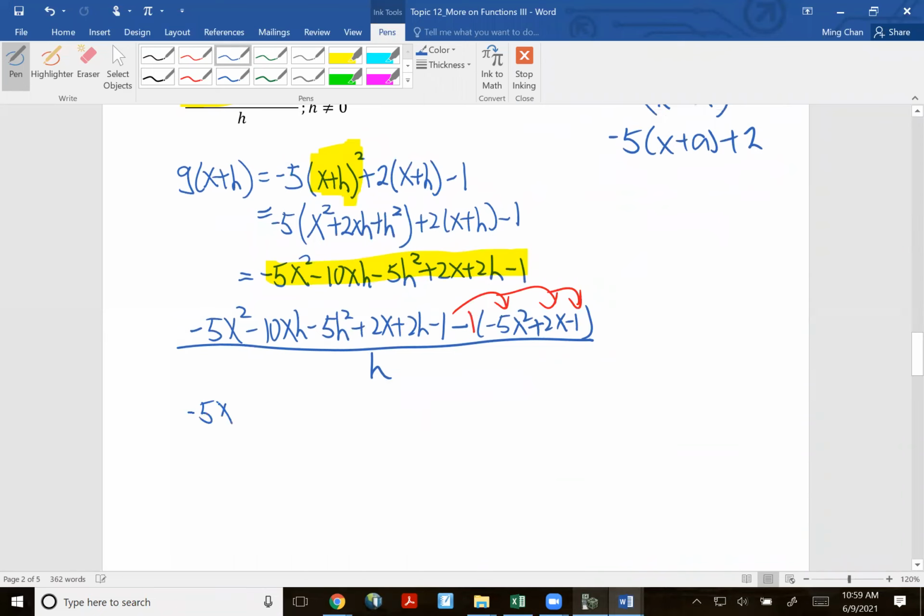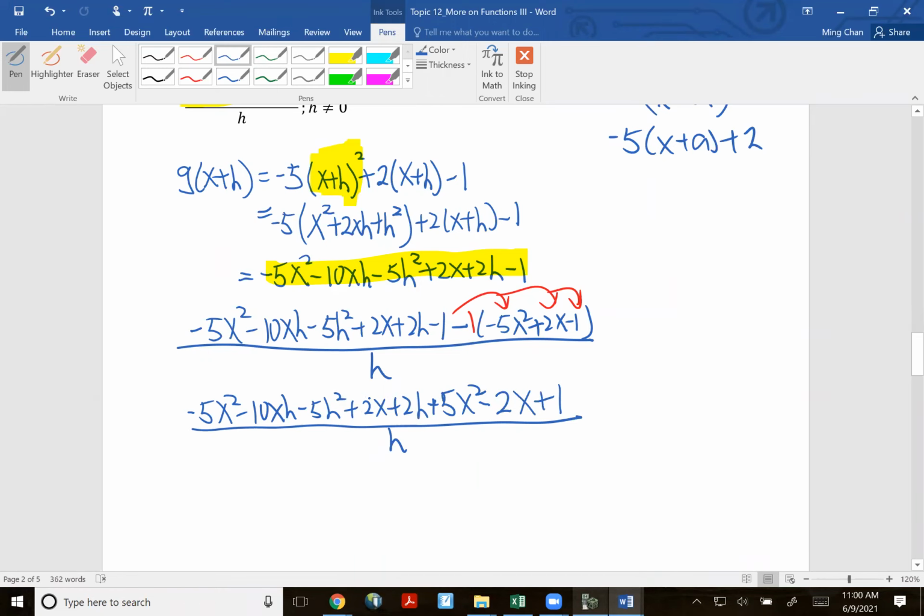Negative 5x squared minus 10xh minus 5h squared plus 2h minus, excuse me, negative 1 times negative 5x squared is positive 5x squared. Negative 1 times positive 2x is negative 2x. Negative 1 times negative 1 is positive 1, all over h. So who can I combine?